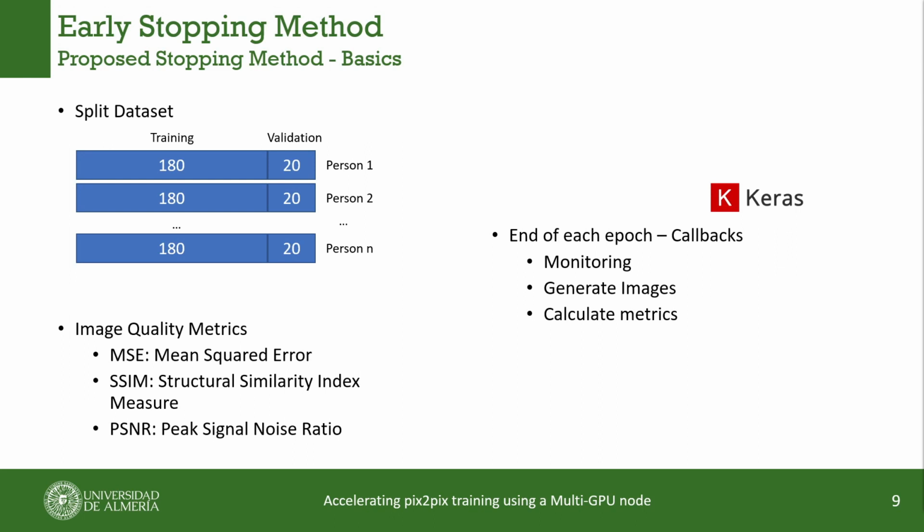We also define metrics to monitor during training: mean square error, and also some metrics called image quality metrics, which compare the image generated by the generator with the corresponding ground truth visible spectrum image. In order to monitor metrics at the end of the epochs, a Keras callback is defined. This callback generates visible spectrum images from validation images and also calculates image quality metrics.